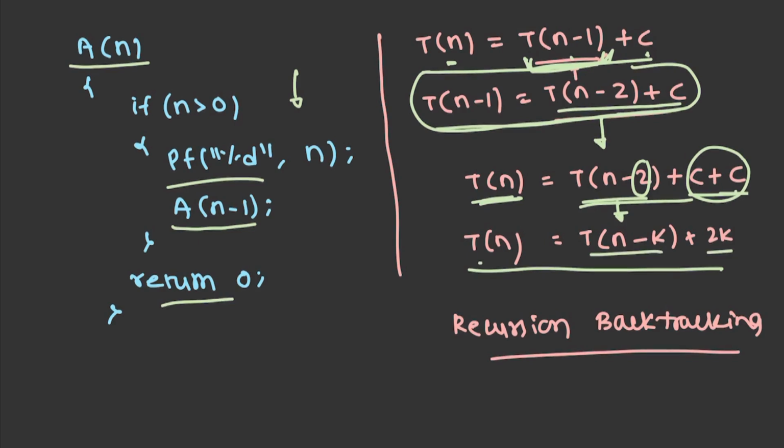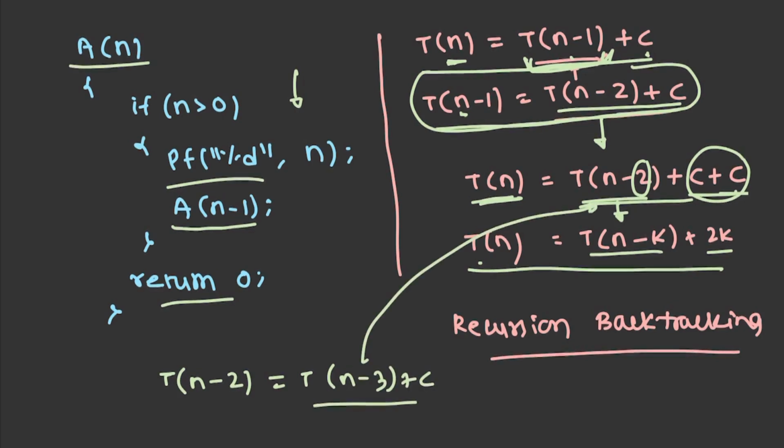If you are not able to follow this, just try to replace n with n minus 2. Then t of n minus 2 is equal to t of n minus 3 plus constant. Just try to substitute it in the place of t of n minus 2. And then it will actually become t of n is equal to t of n minus 3 plus 3c.